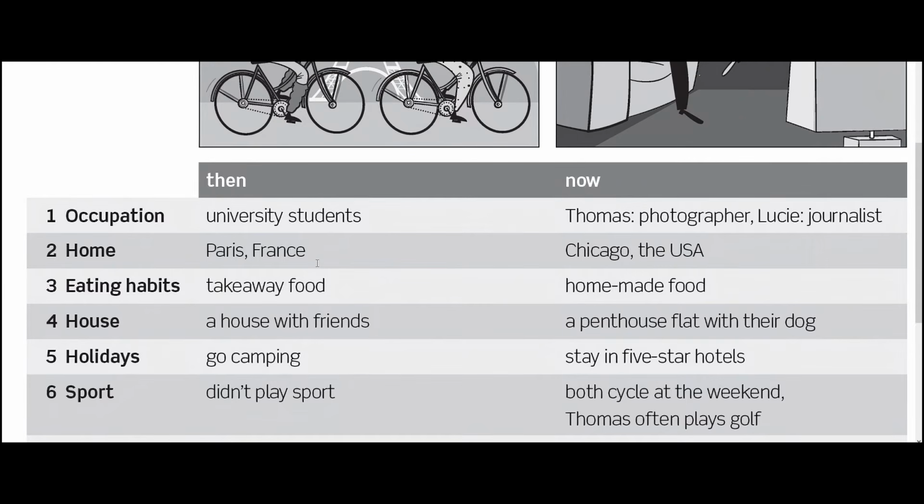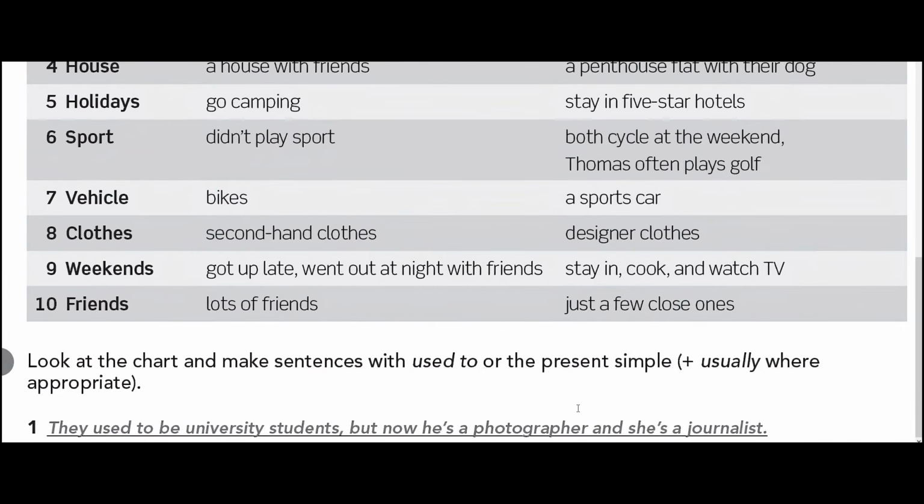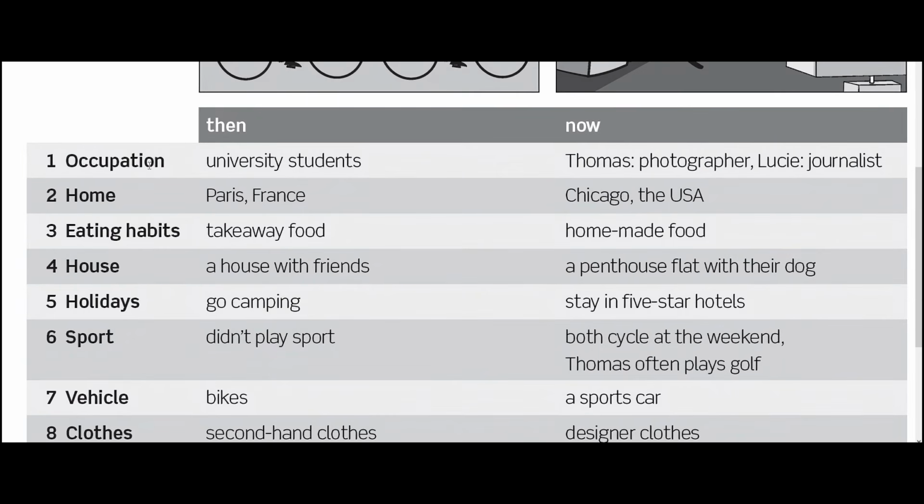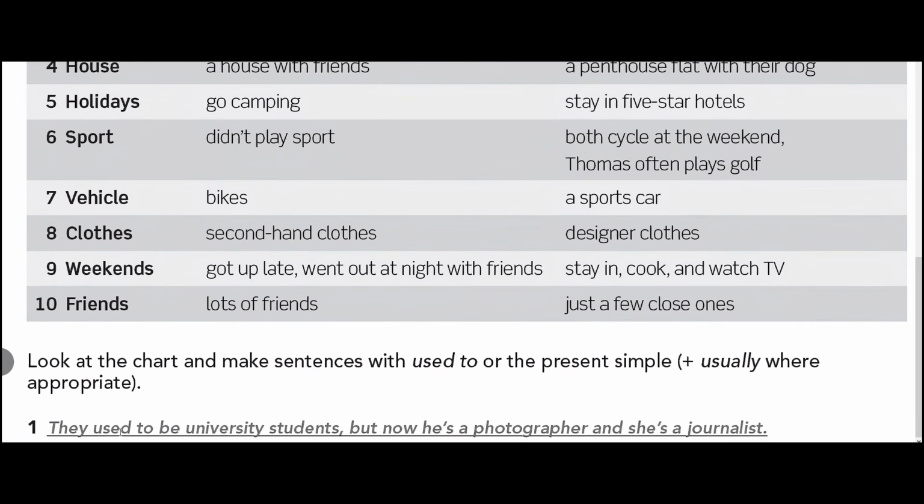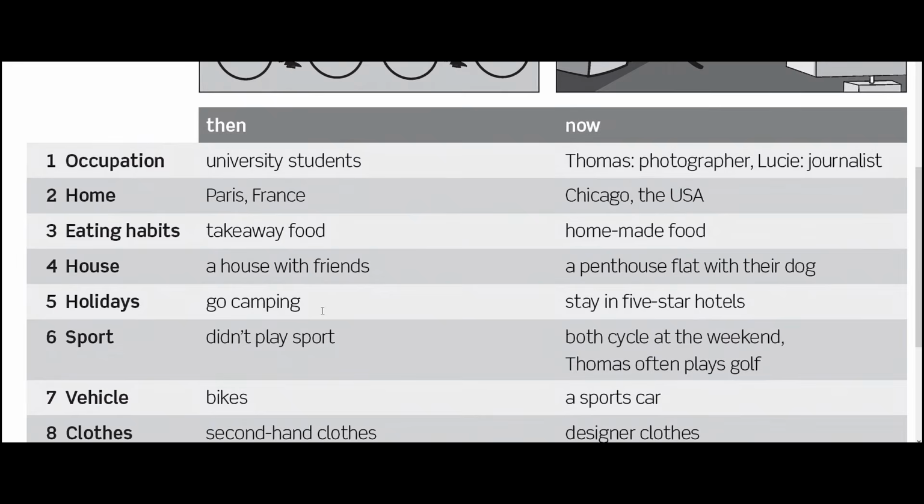Look, if you don't mind, I'll do it orally, because I don't have a space to write. So number 1 has been already done for us, like they used to be university students, but now he's a photographer and she's a journalist. Next is, they used to live in Paris, in France, but now they live in Chicago, the USA.